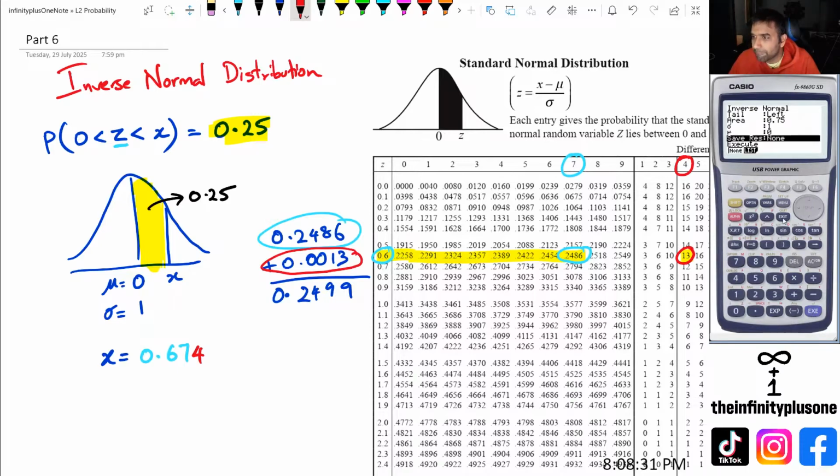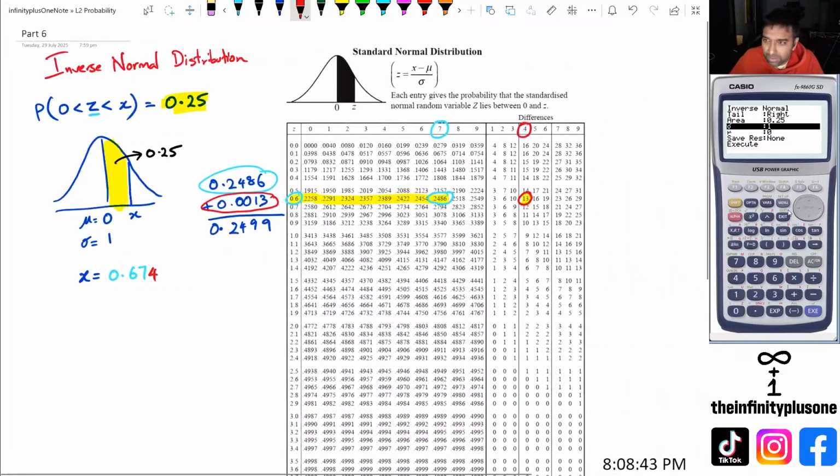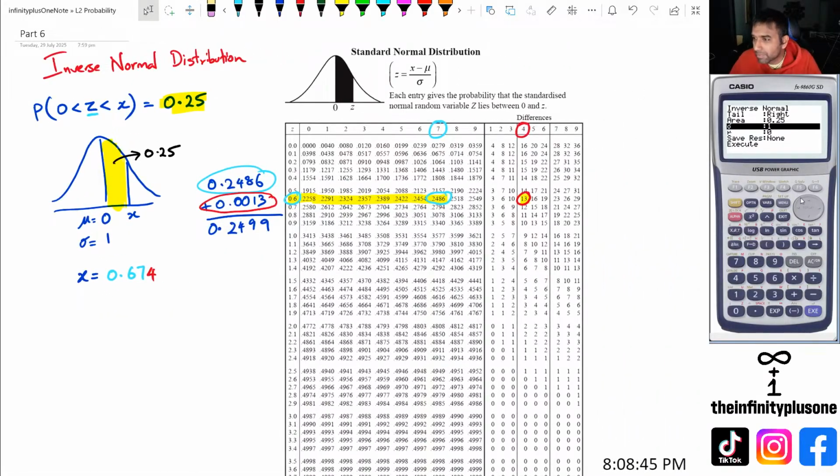And if I go right, 0.25, I should get that. Okay. So basically, with the calculator, you've got three options when you get to tail. So you've got to think about it like this.